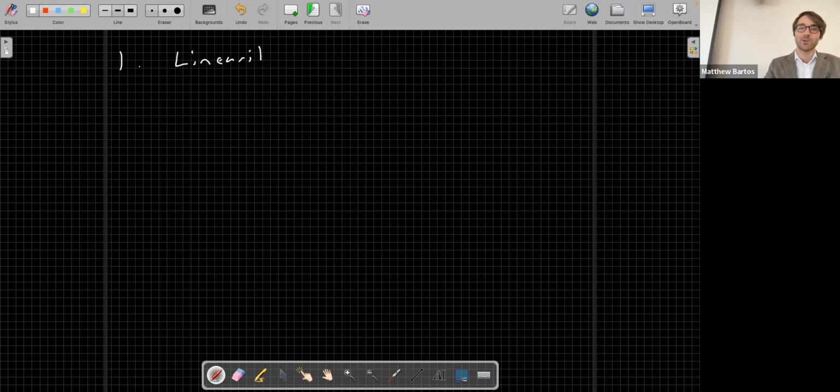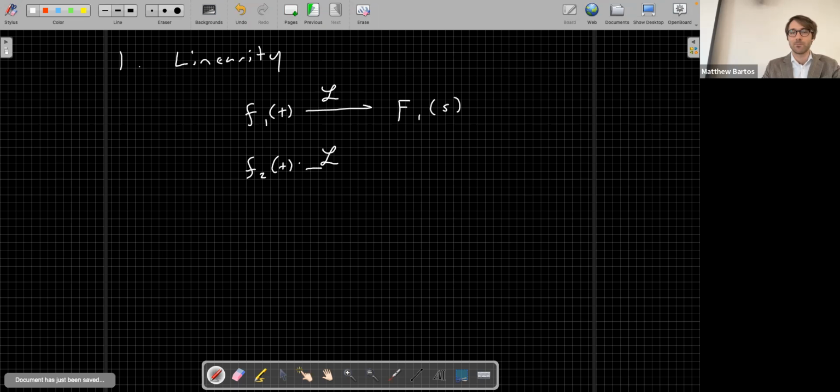So the Laplace transform is a linear operator. You can verify this mathematically, but let's say we have f1 of t maps to big F1 of s, and f2 of t maps to big F2 of s in the frequency domain.